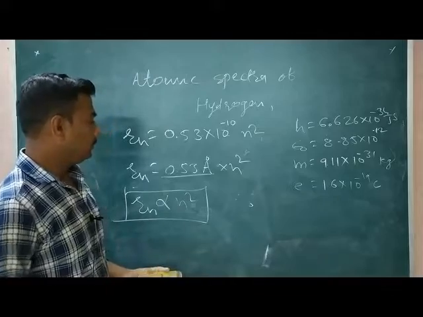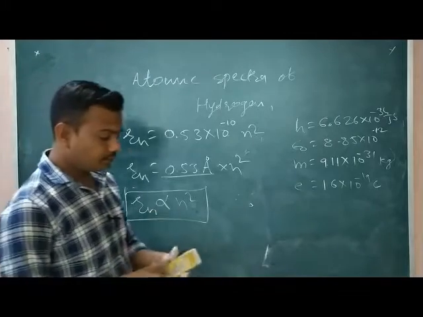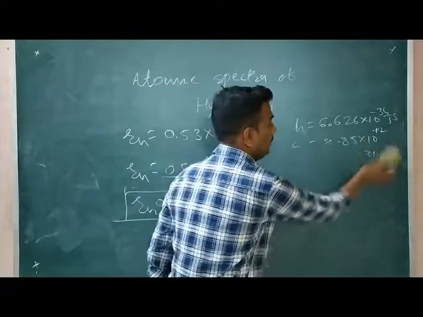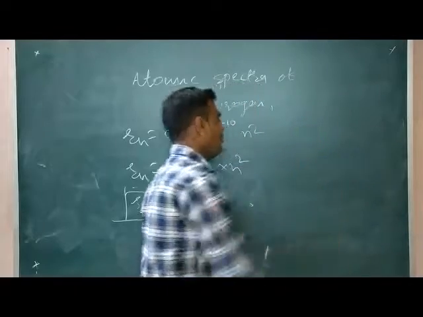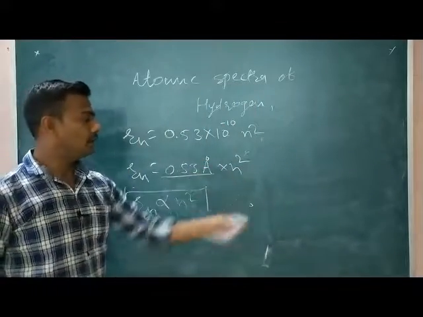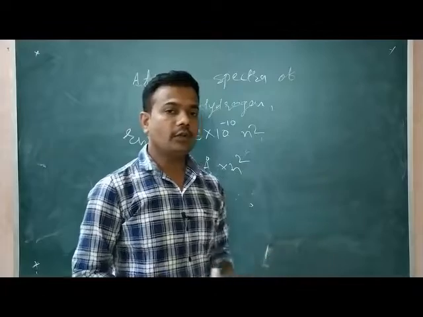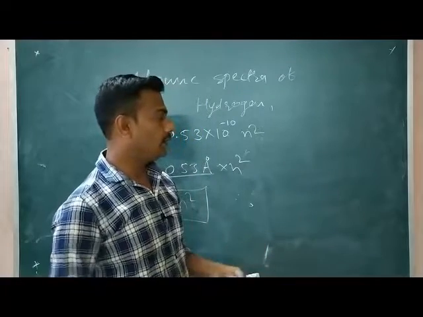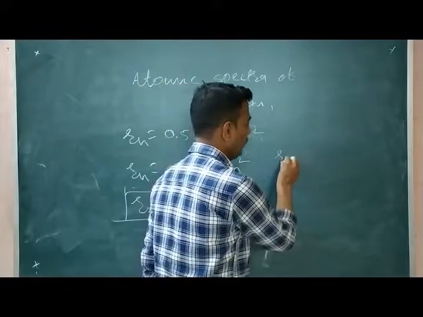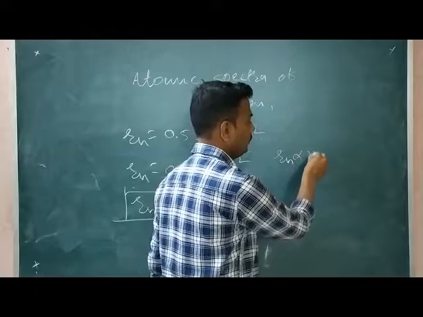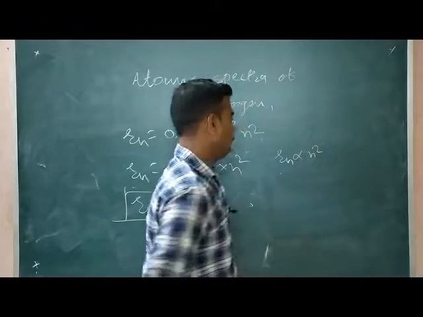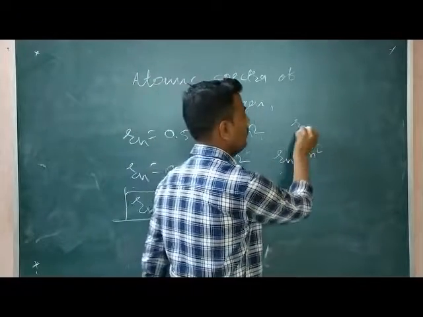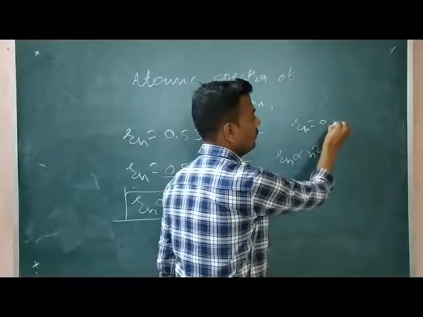Now a question may be asked: if the radius of the first Bohr orbit is 0.53 angstrom, calculate the radius of the second Bohr orbit or third Bohr orbit. What you have to do in that case: you know that radius is proportional to n square. The first orbit has radius r1 equal to 0.53.